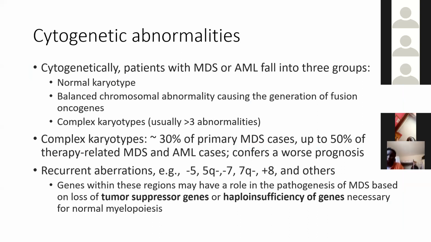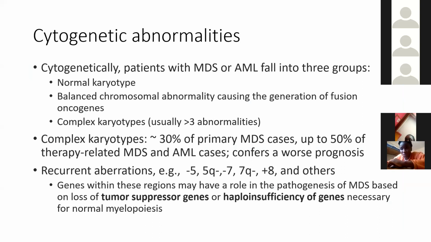Now, the cytogenetic abnormalities, we can look at them as in 3 groups. There are those MDS who have a normal karyotype. There will be those where there is a chromosomal abnormality, that is a balanced chromosomal abnormality, causing the generation of fusion oncogenes.